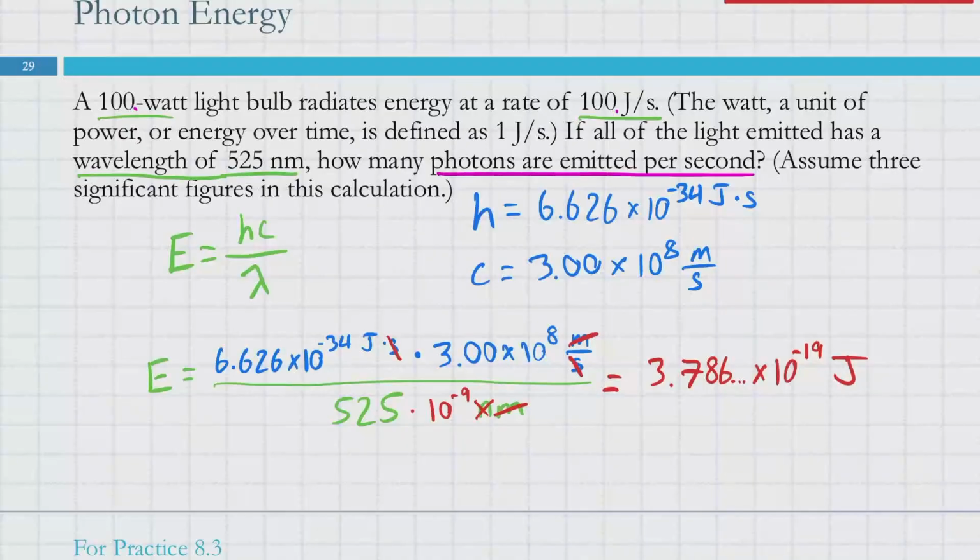How many photons have this amount of energy? How many photons does it take to make that amount of energy with this wavelength? 1. This is the energy for one photon. And so we can write under this, per photon.